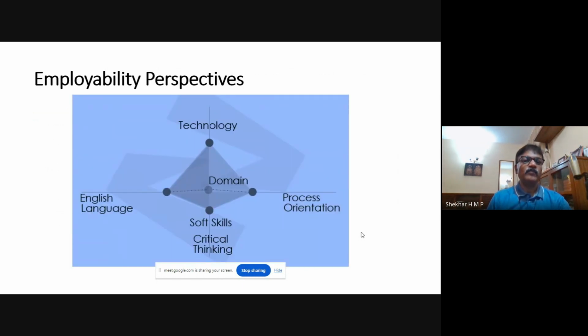So from the employability perspective, when you look at the key things to see, as I mentioned, it is centered around the domain. Domain is the key thing. Wherever they join, they have to have a very strong domain foundation. And around that domain, a lot of changes happen in the technology.